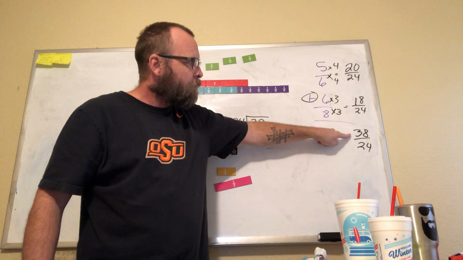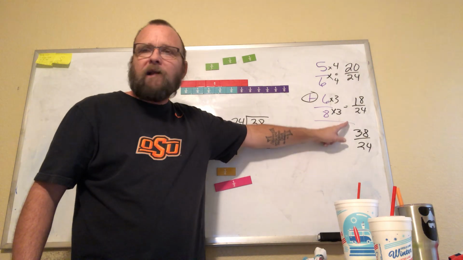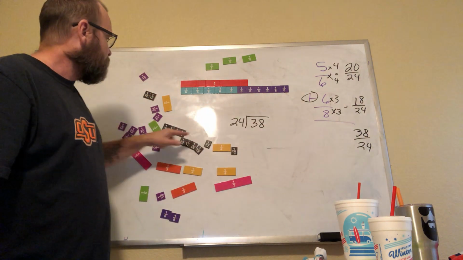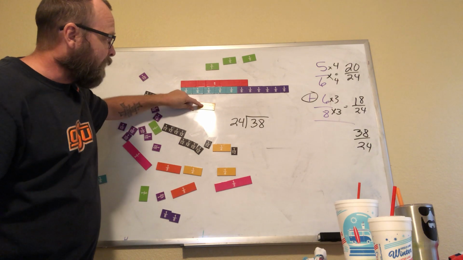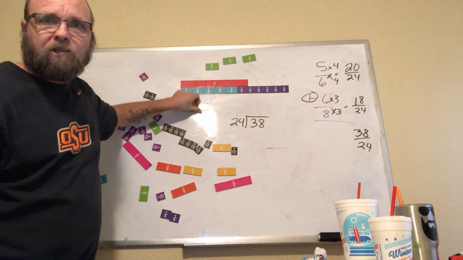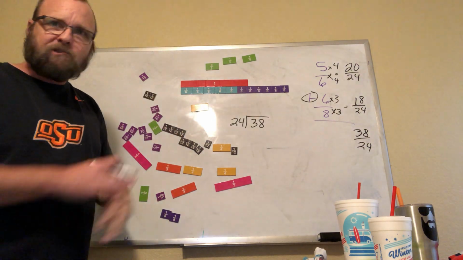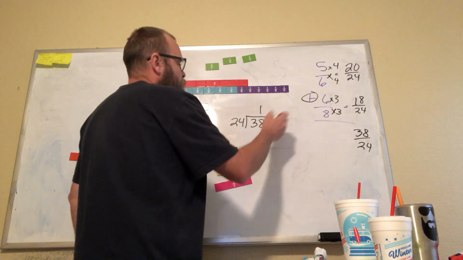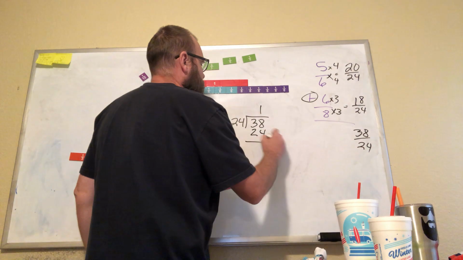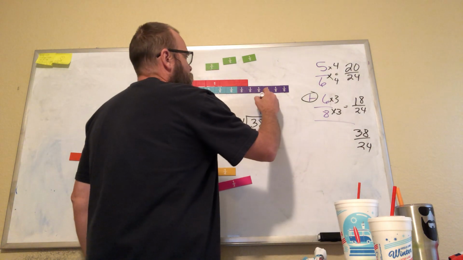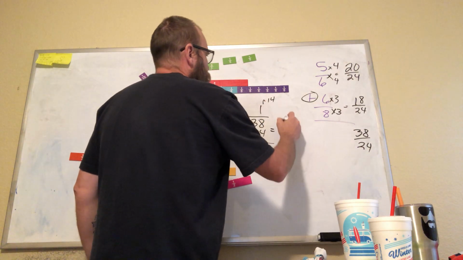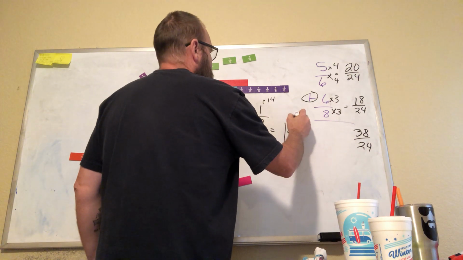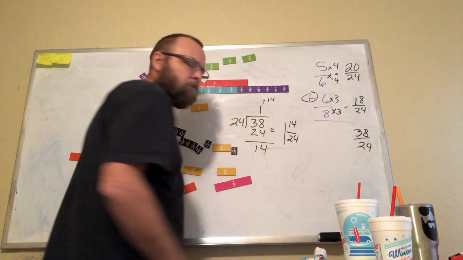This says 38 divided by 24. That's all a fraction is. This fraction says 1 divided by 4. So 24 goes into 38 one time, and I get 1 remainder 14, or 1 and 14/24ths.